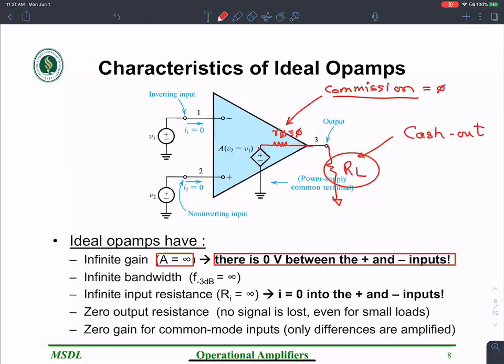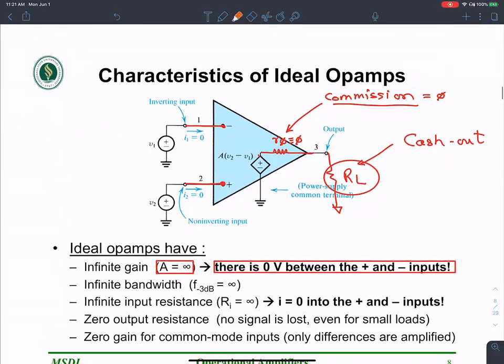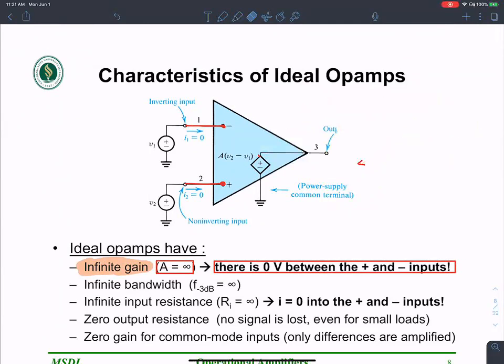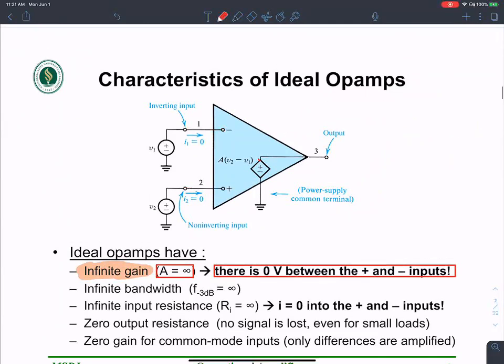For now you have to trust me on the idea that the current flowing into the op-amp is zero, owing to the assumption that the R input looking into the op-amp is infinity. Does that make sense? Yeah, is there any concept of virtual ground, something like that? Yes, virtual ground is coming from this. Infinite gain. Let me spend a little more time on the idea of virtual ground.